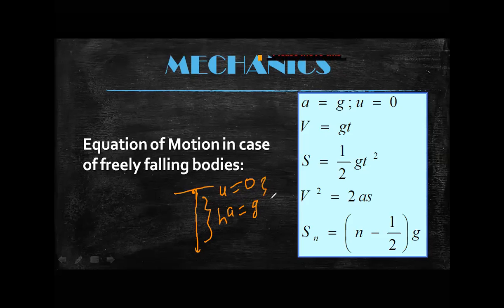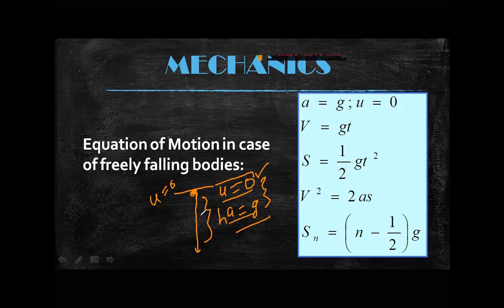So these two conditions you have to remember. Whenever the object is freely falling towards the ground, you are not giving any initial velocity for the object. Simply you should make it zero. Its initial velocity is equal to zero.